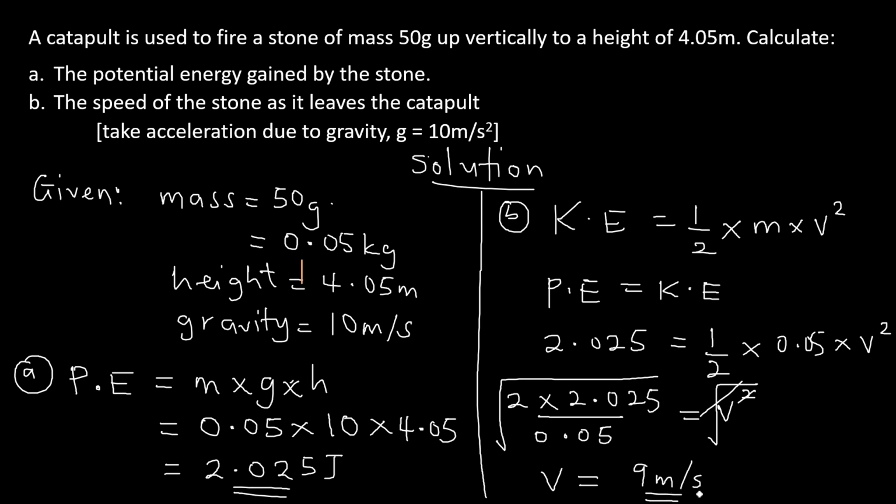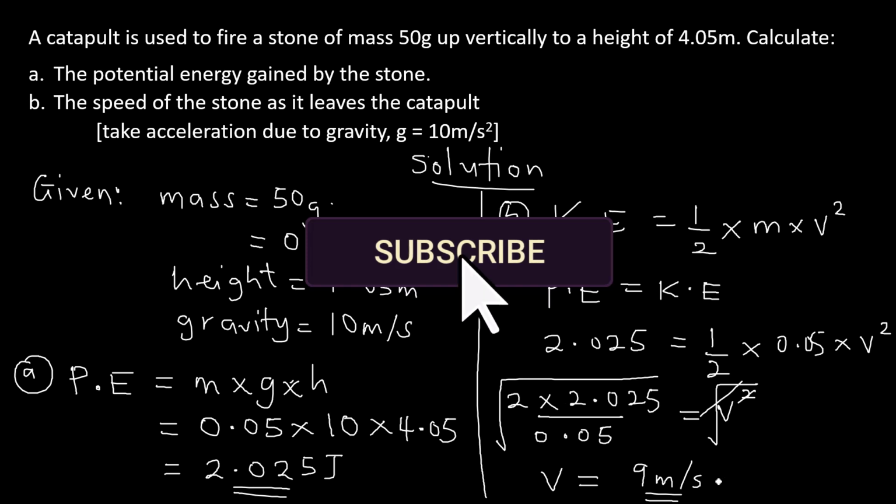So that gives us the value for the velocity of the object as it leaves, so that gives us the speed of the stone as it leaves the catapult.